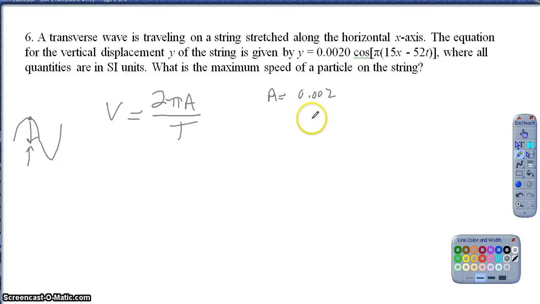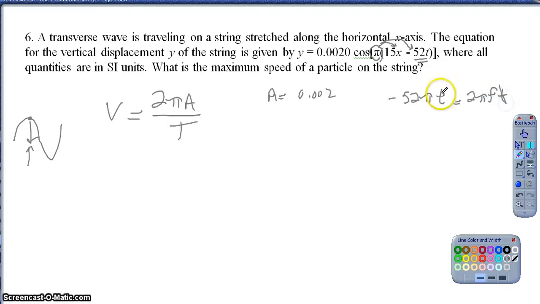And then to find the period, much like we did for example 5, for question 5, I'm looking at the part that is with t. The only thing I do have to be careful about is this pi actually needs to distribute to both of those. So like question 5, when I look at that, it's actually negative 52 pi t, which I know would be equal to 2 pi times the frequency times time.